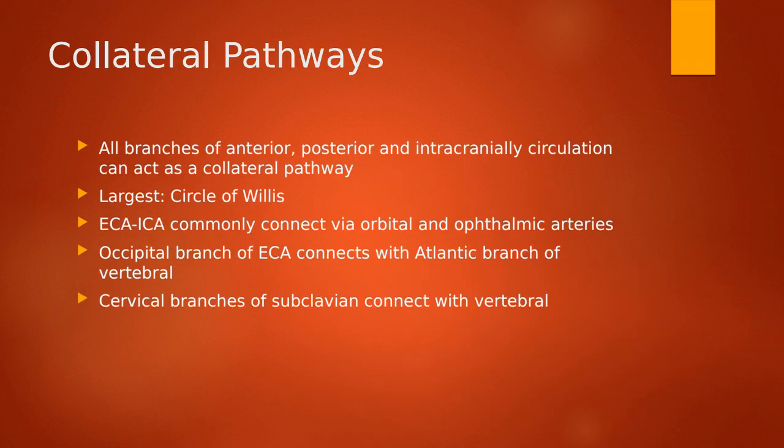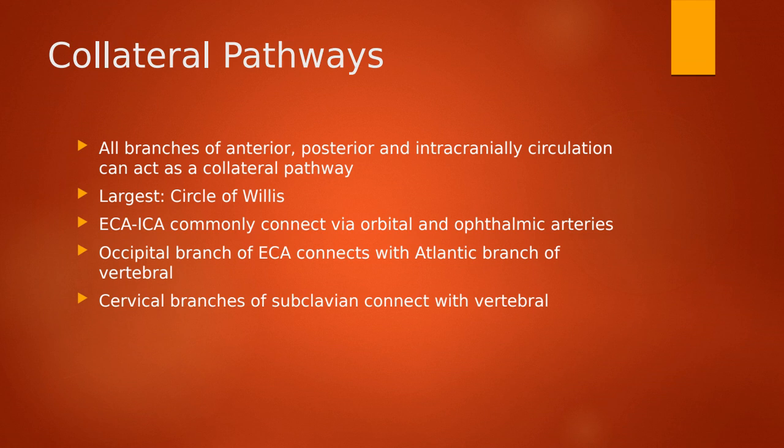Collateral pathways, like we said, the circle of Willis itself is a collateral pathway, and we have to have connections that allow all of the branches of the anterior, posterior, all of that to work together. So the most common collateral pathway that we can see if there is some sort of pathology is going to be a connection between the ECA and the ICA.